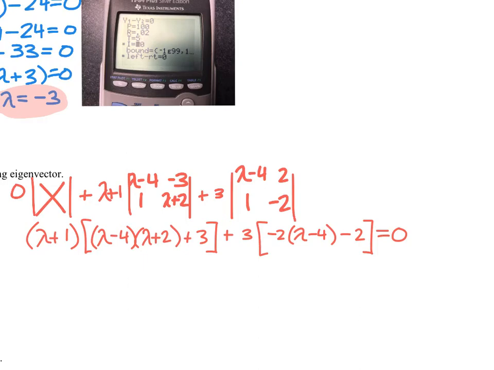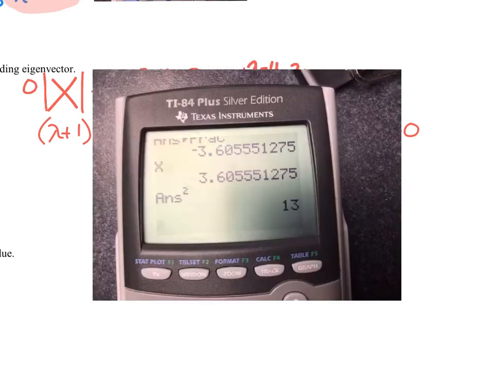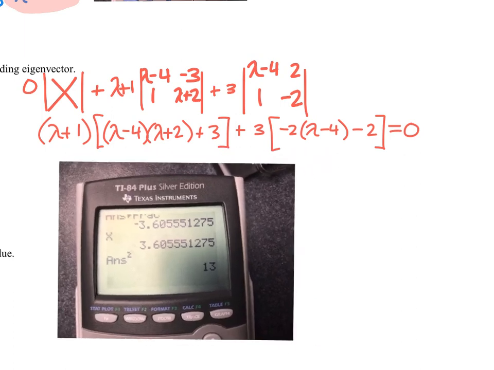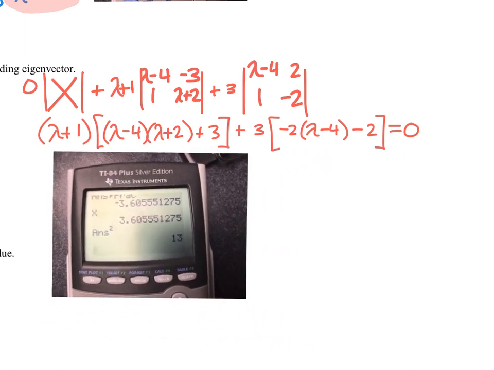All right. So you can go ahead and distribute all this out, or this one has too much glare. This one, at least, the glare doesn't impact things too much.